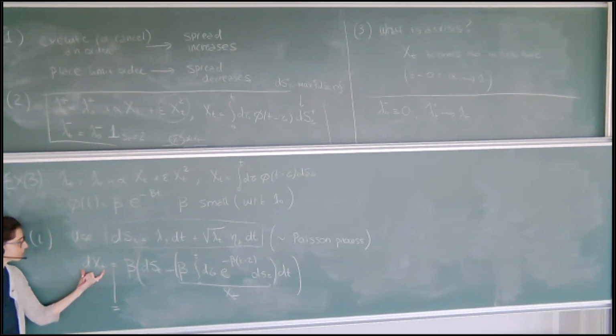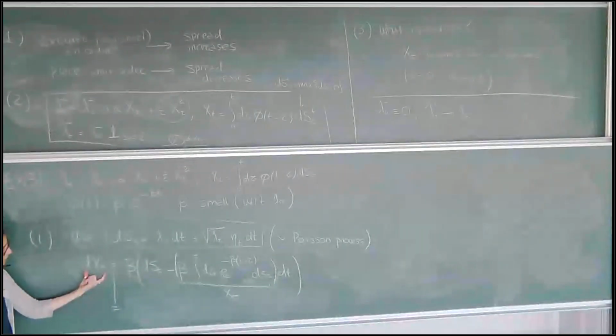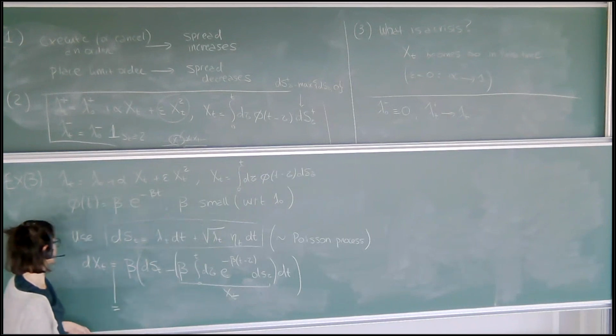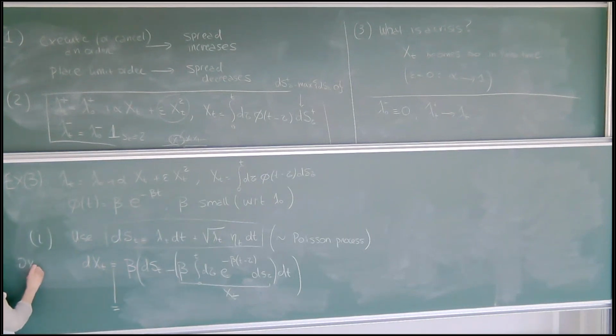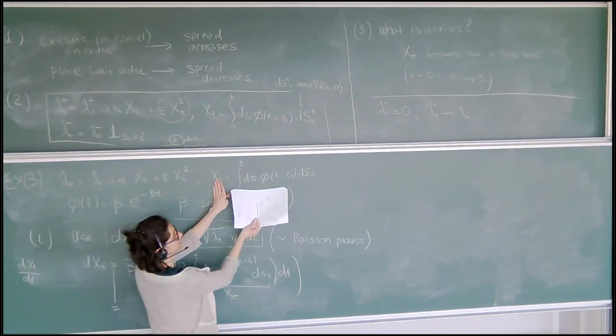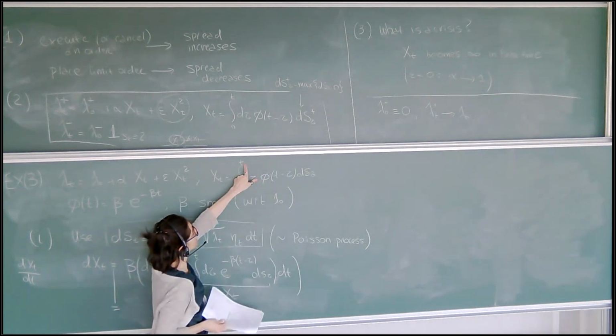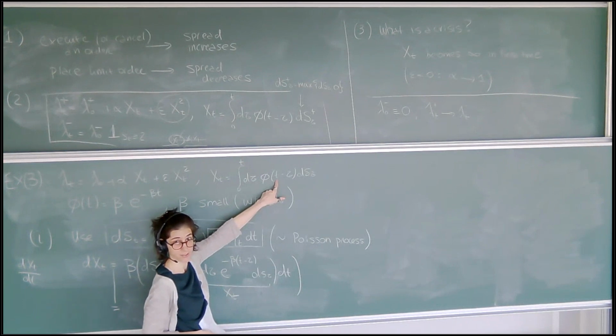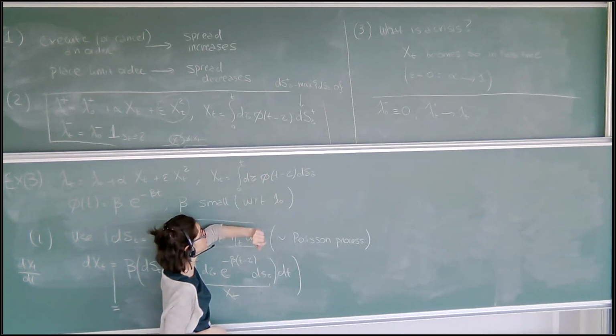So where does this come from now? I want to write a differential for this quantity, x of t, given in here. I could write directly the derivative over time, and now I'm writing it in the differential form. But you see that if I take the derivative over time of this expression, the time appears both in here and inside the kernel. So when I derive, I have two contributions.